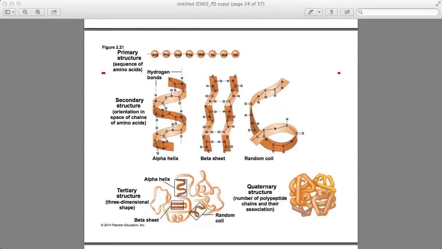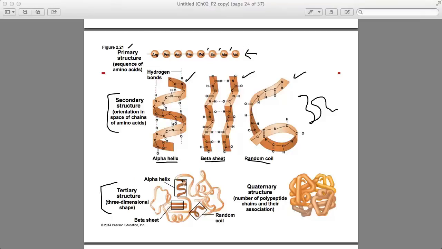Here's a pictorial representation of what we just talked about, figure 2.21. Here's the primary structure. It's just the sequence of amino acids with the peptide bonds here. And the secondary structures that they can form, they can be alpha helices or beta sheets. It can also be a random coil, just like a spaghetti. And how all of these motifs are put together in the large three-dimensional structure of the protein, then we end up with what's called the tertiary structure.